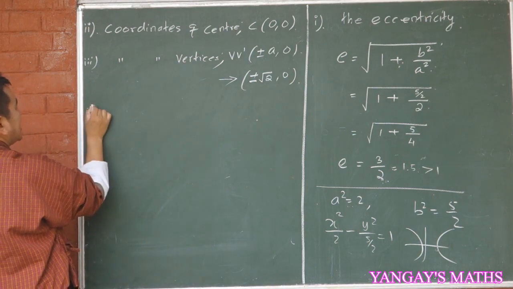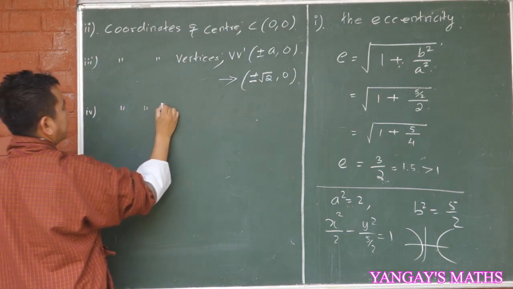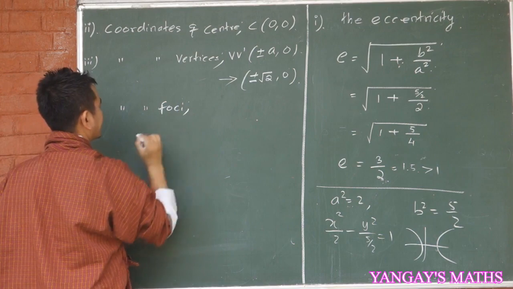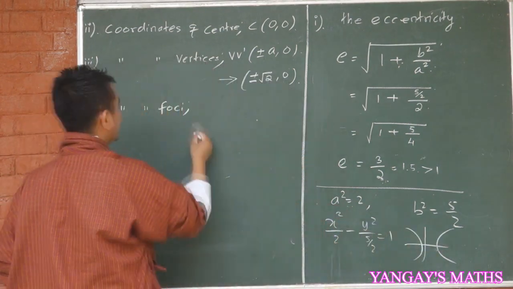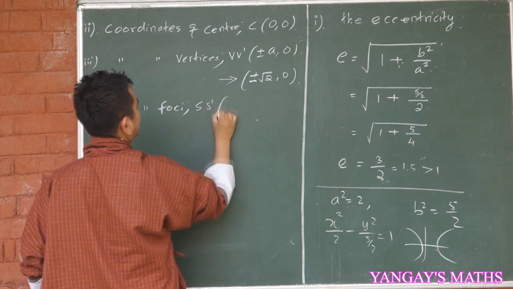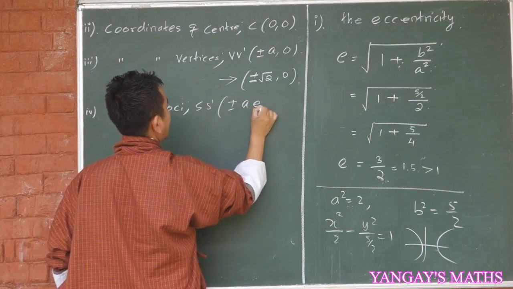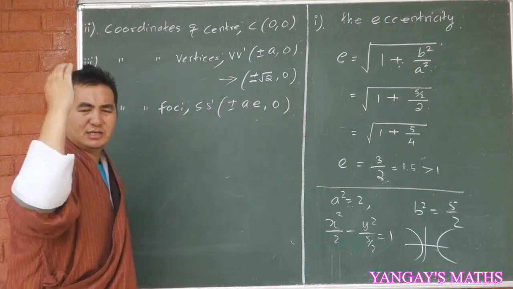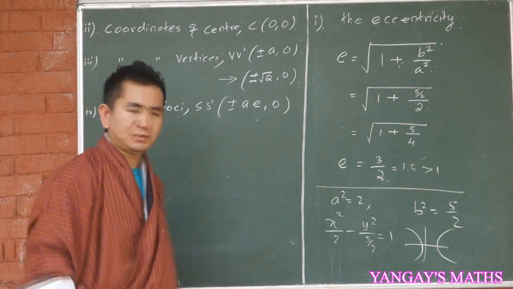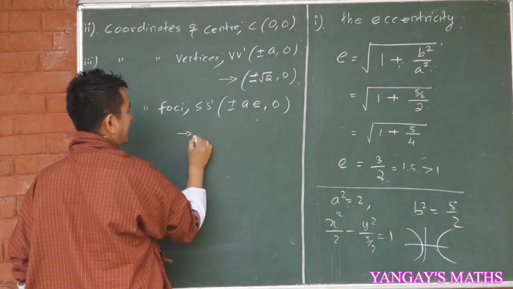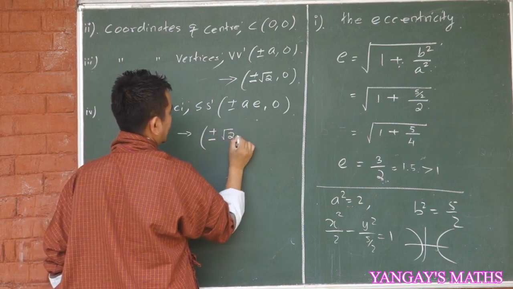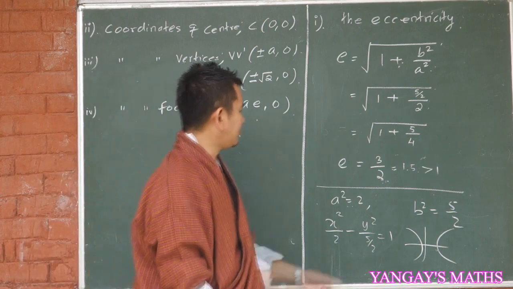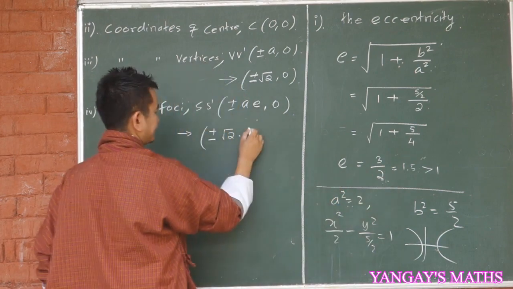Now next one, coordinates of foci. For a horizontal hyperbola, the focus lies on the x-axis, which means S dash becomes plus or minus AE comma 0, similar to that of the ellipse. The a value is root 2, and the E value we calculated is 3 by 2.